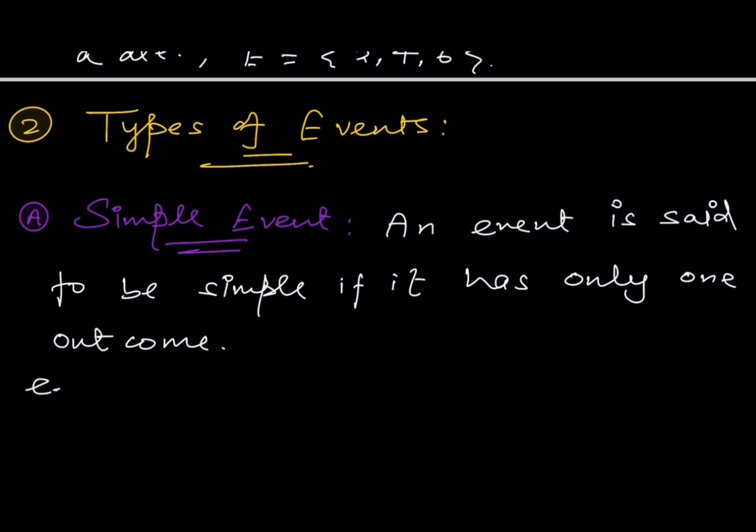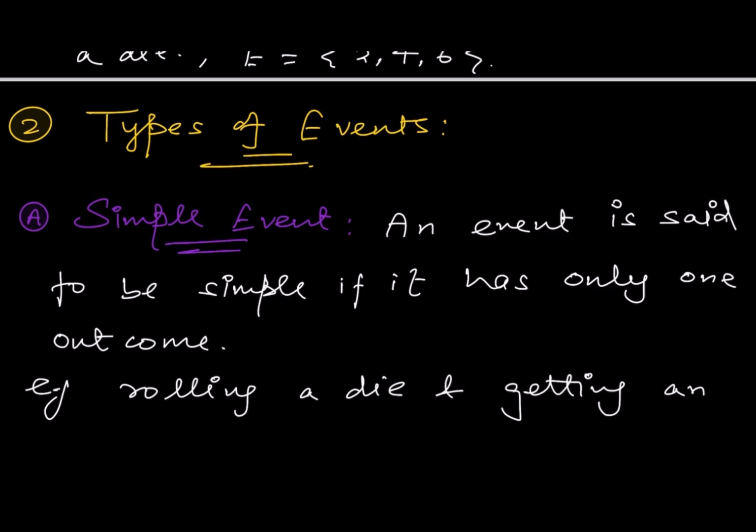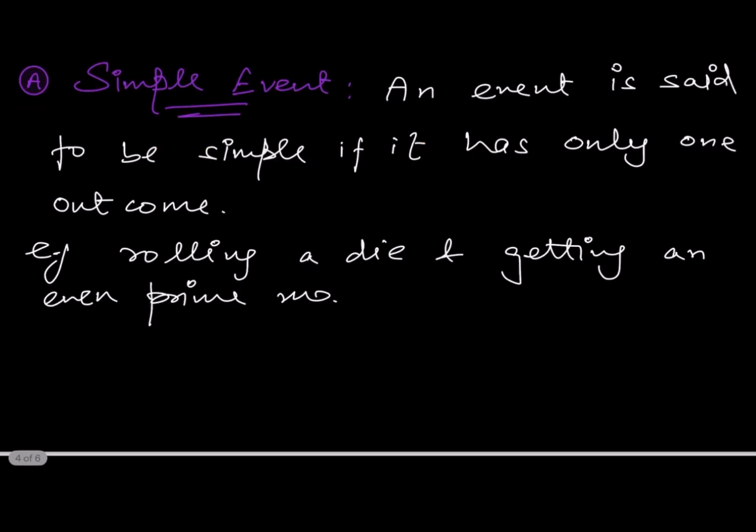For example, rolling a die and getting an even prime number. So event E will have outcome as 2 only, right? Because it is an even prime number.